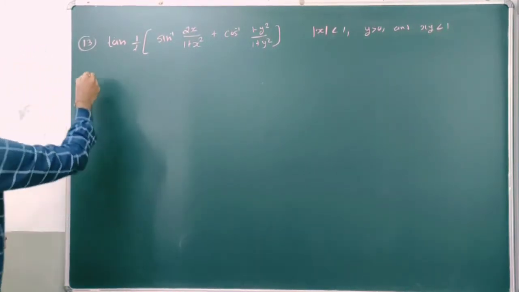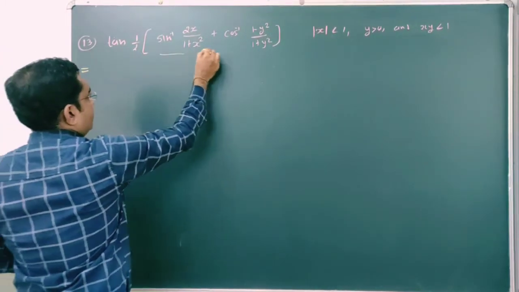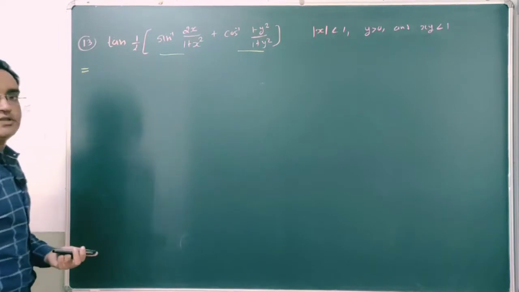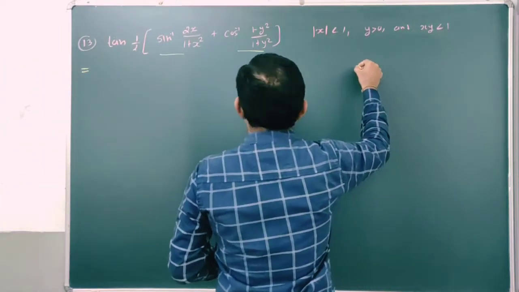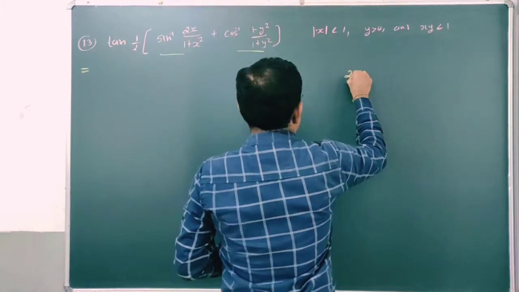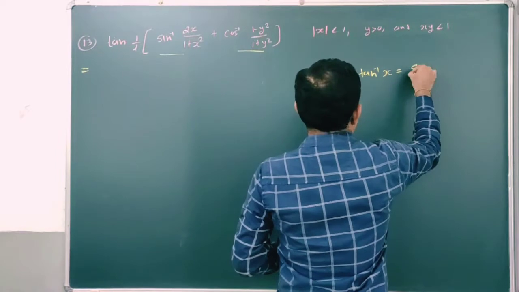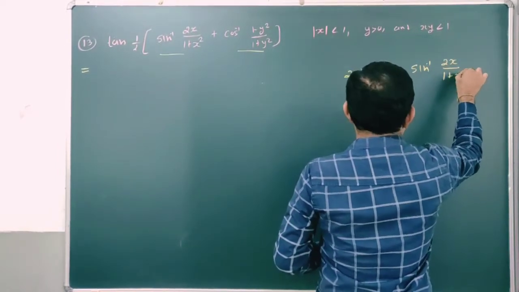So here we have to simplify this given trigonometric expression. First we have to convert this sin inverse and cos inverse in terms of tan inverse. We have one formula: 2 tan inverse x is sin inverse 2x upon 1 plus x square.